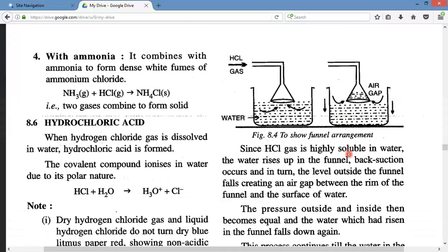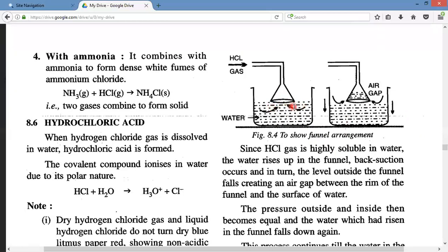In a nutshell, we will say that due to the pressure difference and high solubility of the HCl gas, the water will rise up. Due to the rising of the water, a gap is created.